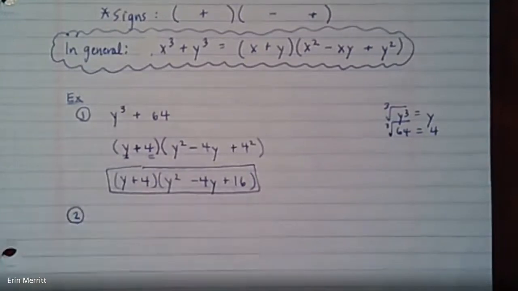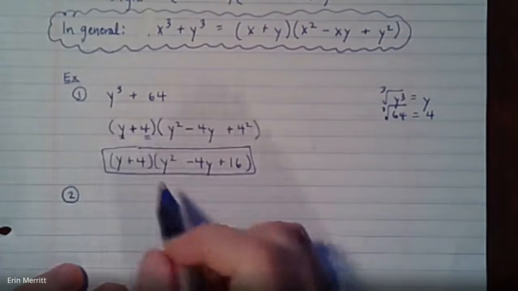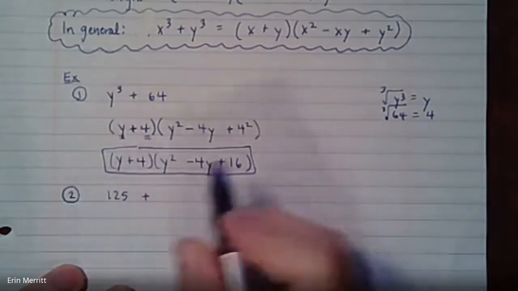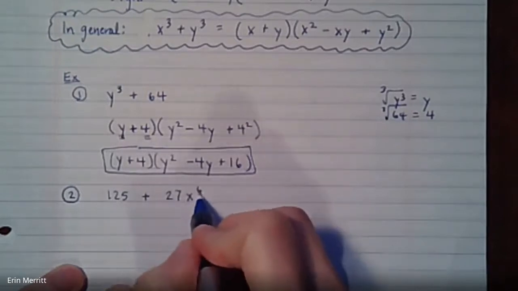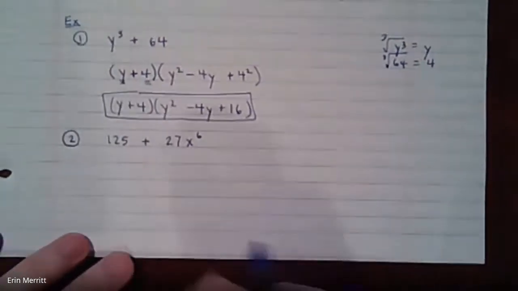So if we do it where there's slightly more complicated values going on here, you might have variables and numbers mixed together. So for this next one, if I give you 125 and then plus 27 x to the 6th, you'd still have to look at this and go, okay, what is the cube root of each part?